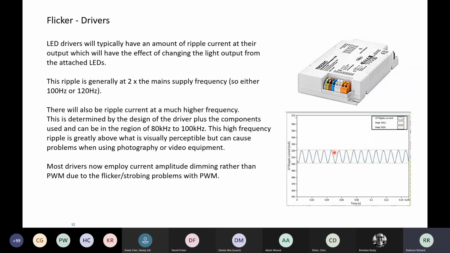So all we're doing now is changing the output current, dimming the output current up and down to change the dim level of the LEDs, and not pulse width modulation, where we were essentially switching the output signal on and off at about 500 hertz, which created its own issues.